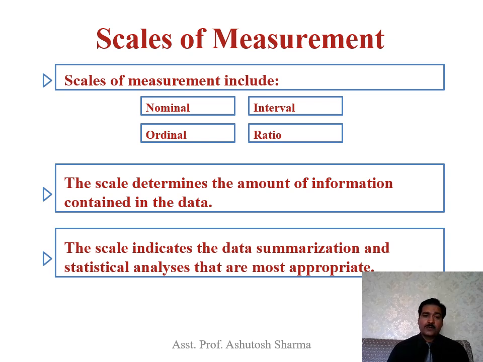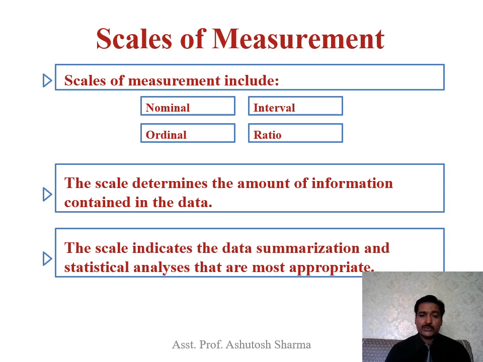So there are 4 types of measures of scales: nominal, ordinal, interval, and ratio. And what do you understand by scale? The scale determines the amount of information contained in the data. The scale indicates the data summarization and statistical analysis that are most appropriate, as I told you.